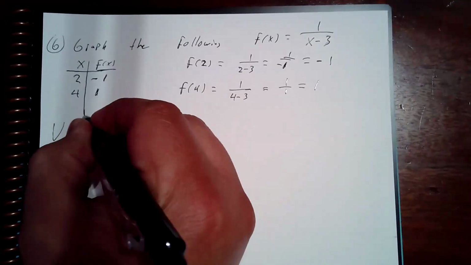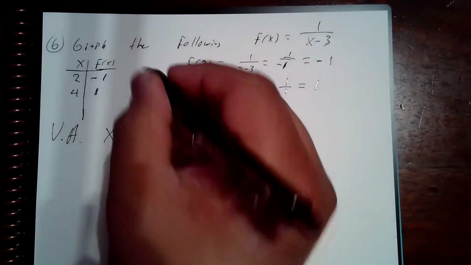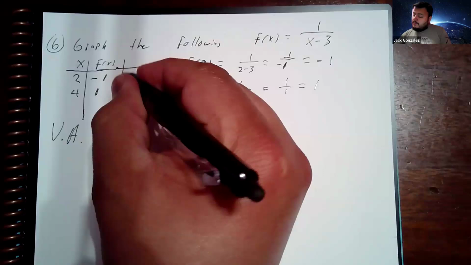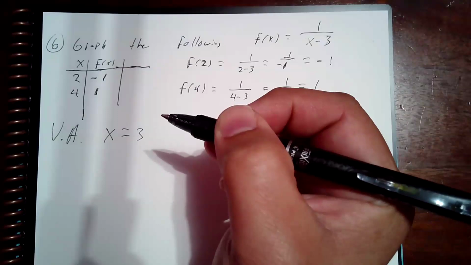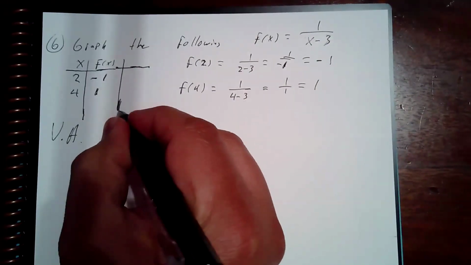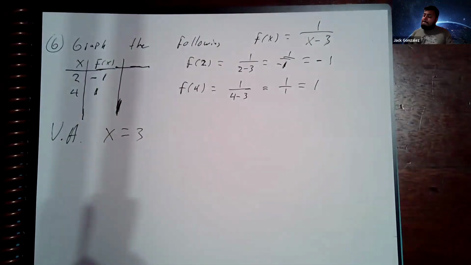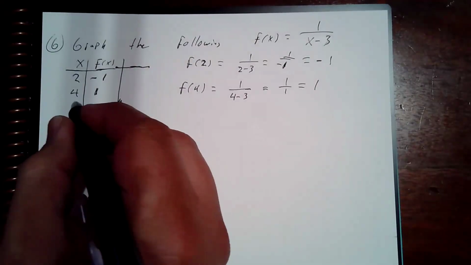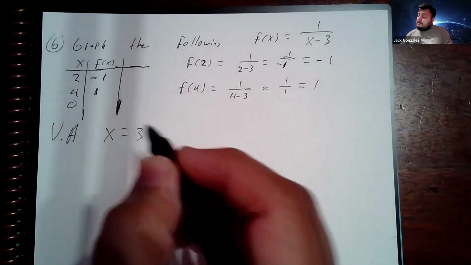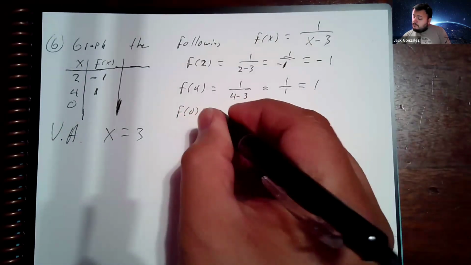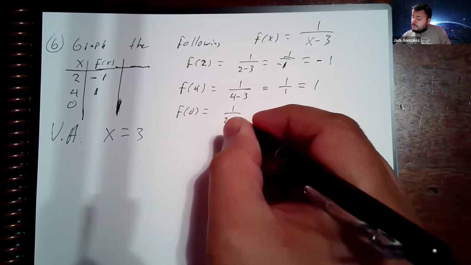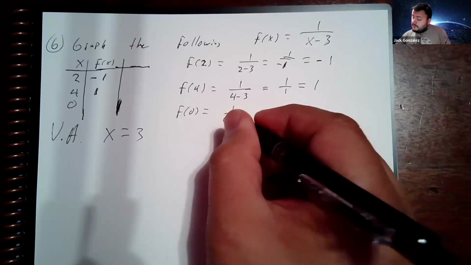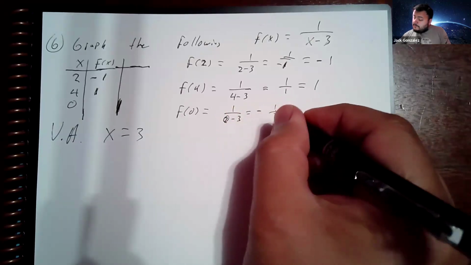How do I plot the second number on the graph on the computer? We need 4 points, so let's wait a second. Let's pick 0. That'll be 1 over 0 minus 3, which is -1/3.